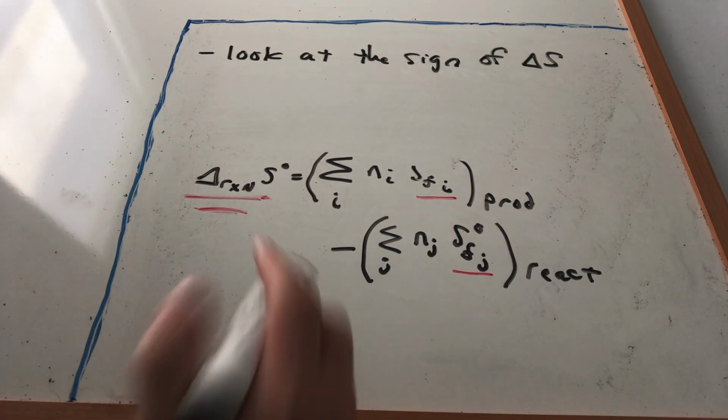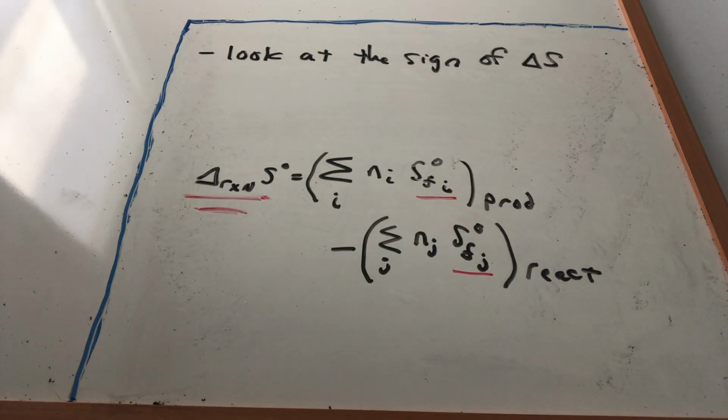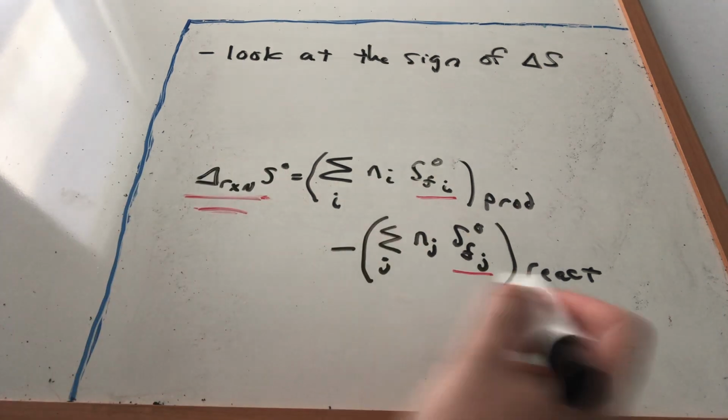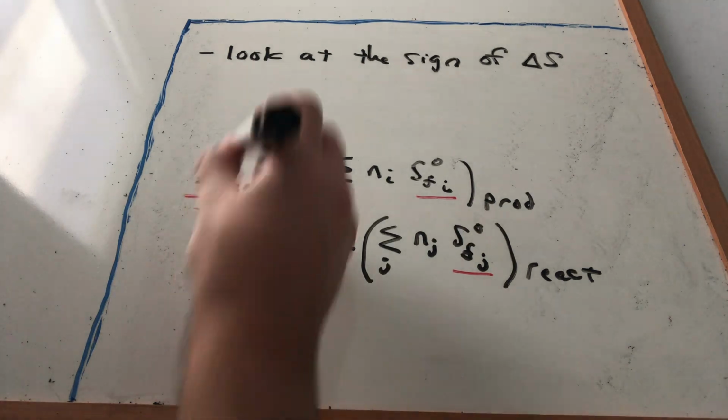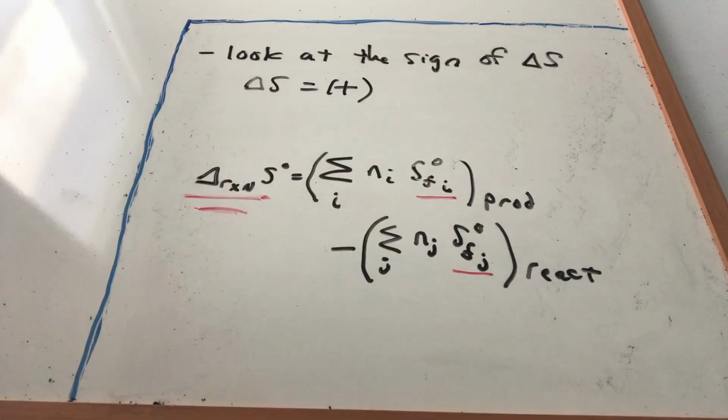Let's say we do a calculation and we get a delta S naught. The ideas that we talk about here are going to be universal for any process or any chemical reaction. Let's say you enact this math, and what you get out is a delta S for your reaction that's positive.